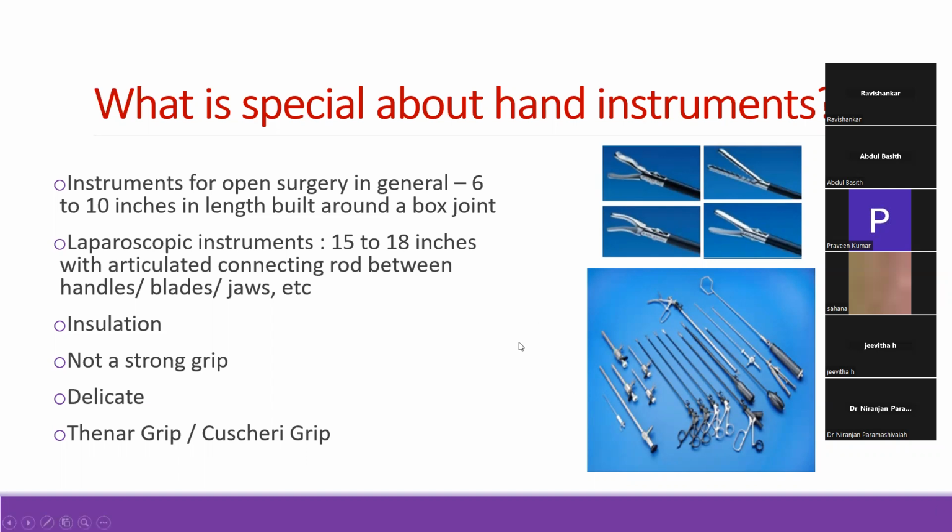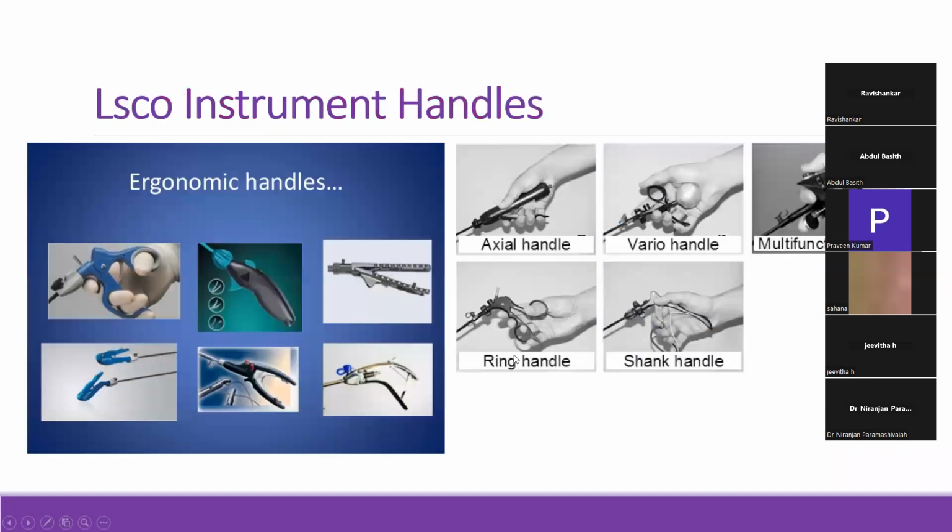Let me just go through it, because I do not think you would have thought about it or read about it. There are many ergonomic handles with different kinds of grips. This is called an axial grip. Many of our needle holders have this. There is a thing called a vario handle. I've never used it, but I'm told it gives you the most comfortable grip with the least pressure on the fingers, because there's a little ball which sits in the hollow of your hand.